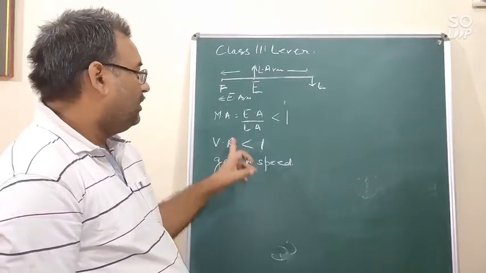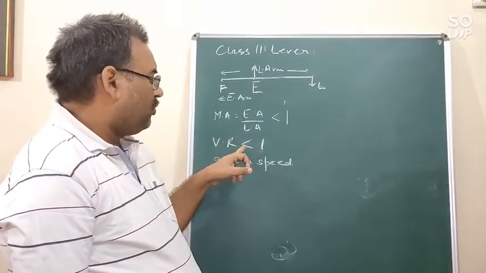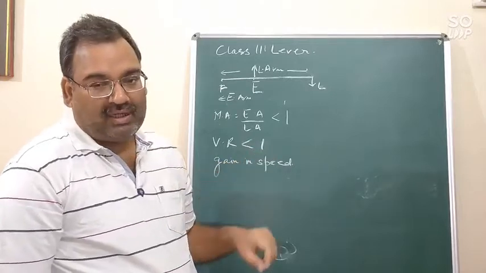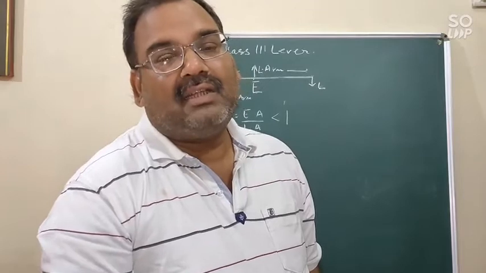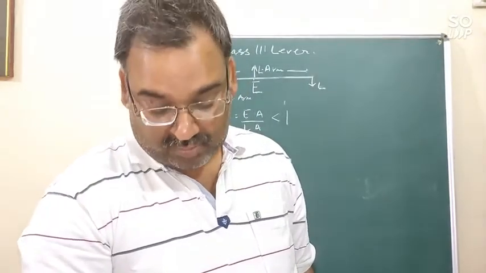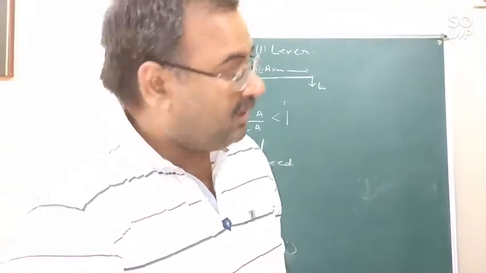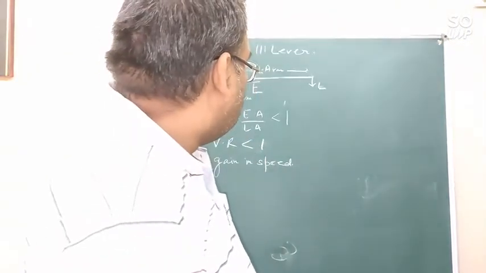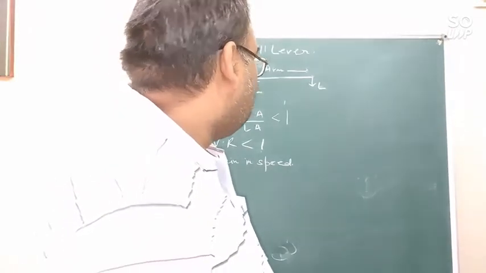Then velocity ratio is also less than 1. Why? Because effort moves slightly and displacement of load is much greater. So displacement of load is much greater than the displacement of effort. As a result, the mechanical advantage of class 3 lever is always less than 1.